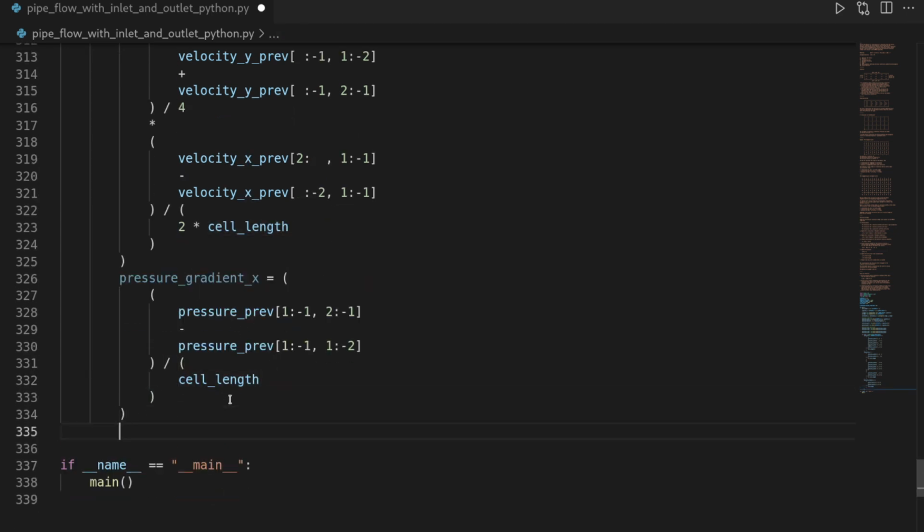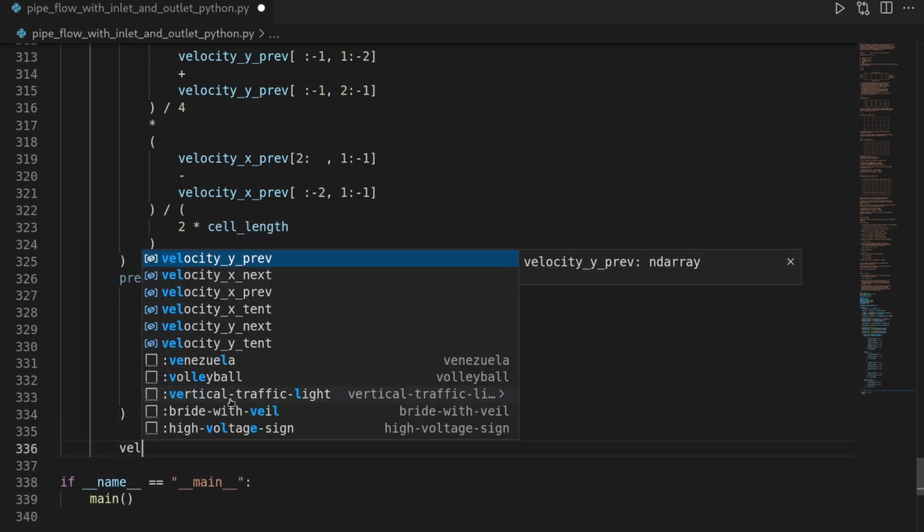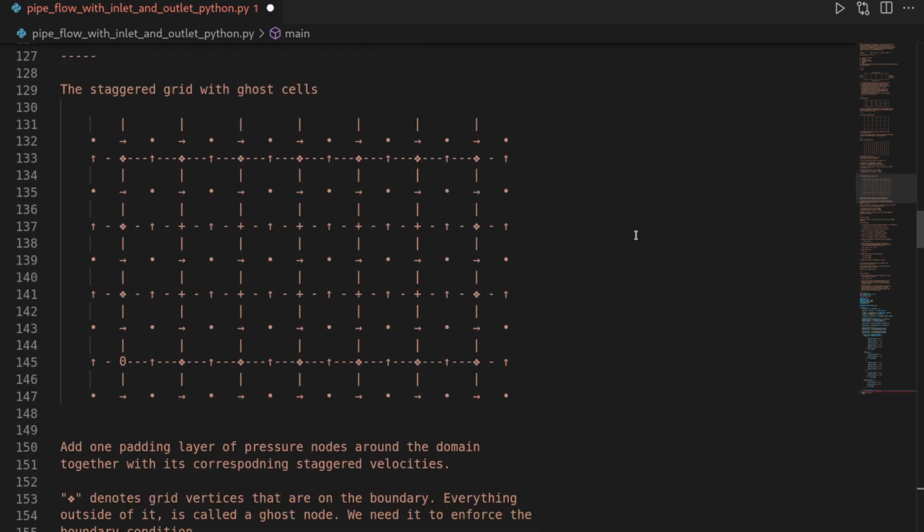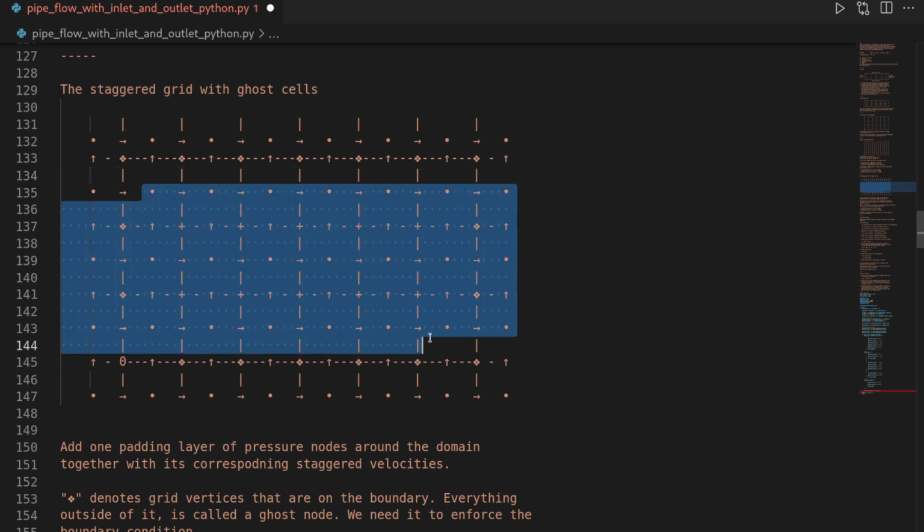Then we can finally update our velocities by saying velocities x tentative at the interior, because we only want to update the interior, not the ghost values or the values that are on the boundary. Because if you look at the u velocity, you see in the top edge and in the bottom edge, we have ghost velocities. And then at the right and the left edge, we have velocities that are on the boundary. And we only want to update the interior.